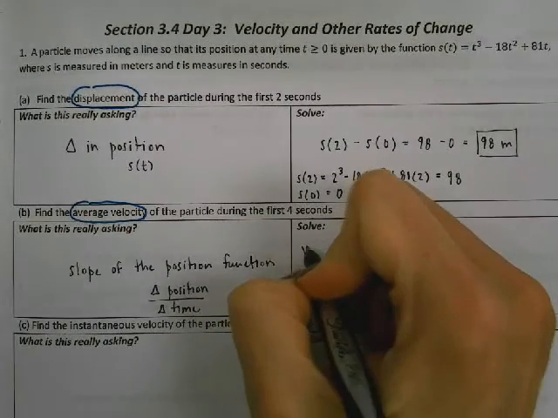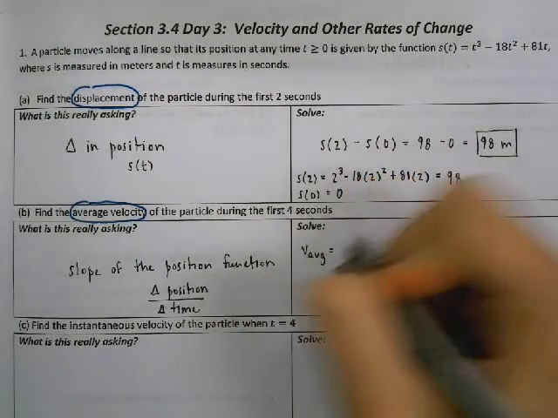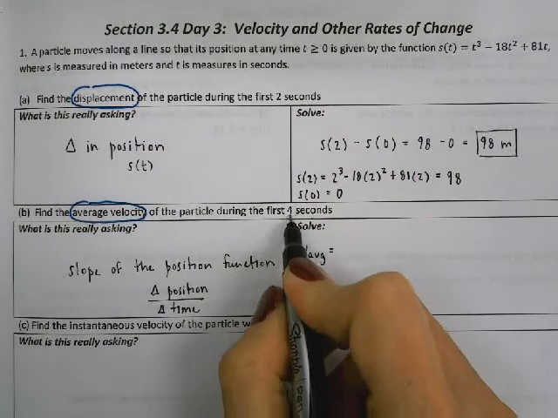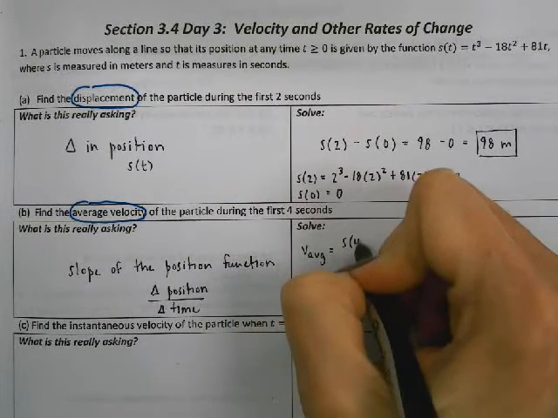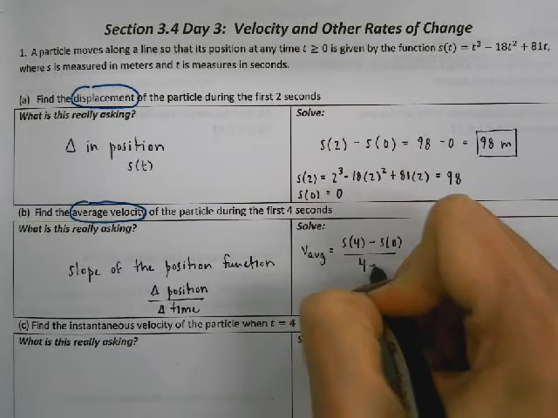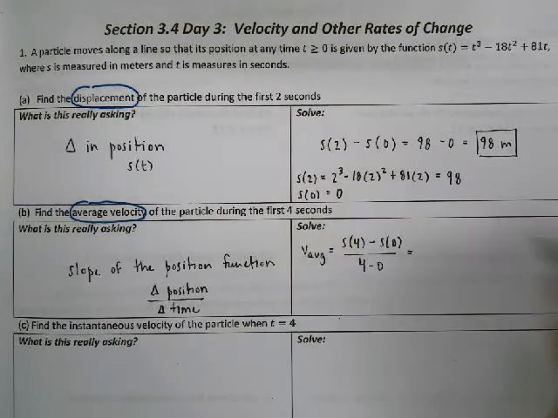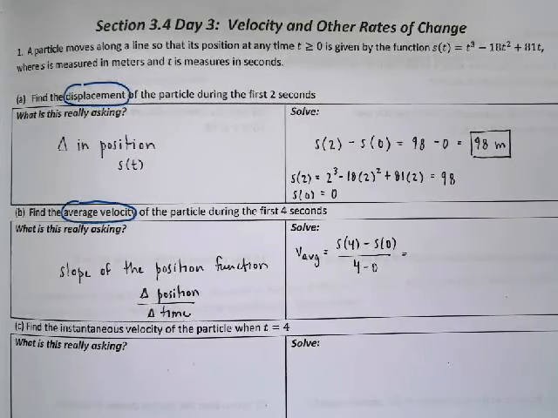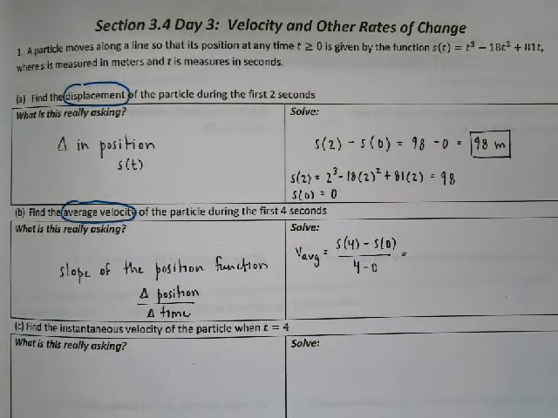To calculate this average velocity over the first 4 seconds, I have s of 4 minus s of 0 over 4 minus 0. Let's calculate this.